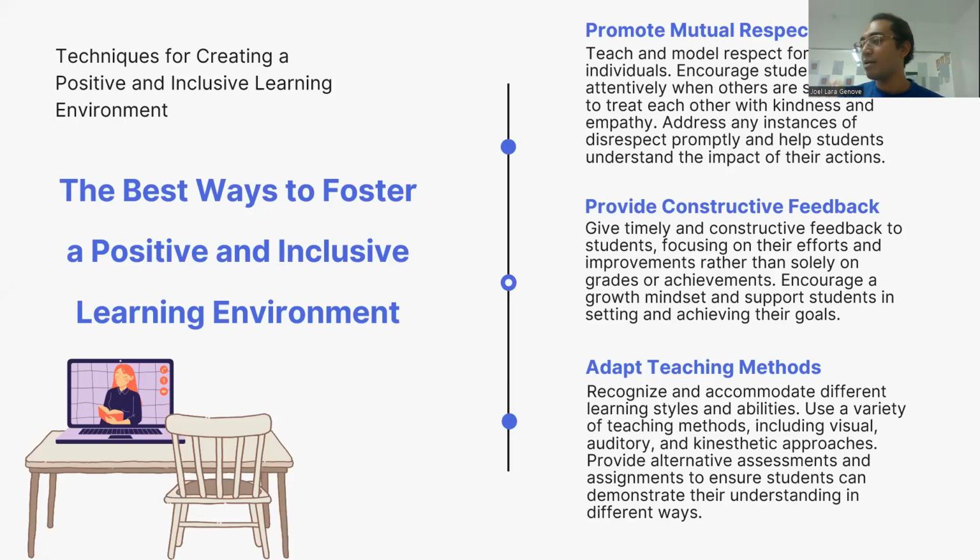Provide constructive feedback. Give timely and constructive feedback to students, focusing on their efforts and improvements rather than solely on grades or achievement. Encourage a growth mindset for students in setting and achieving their goals.